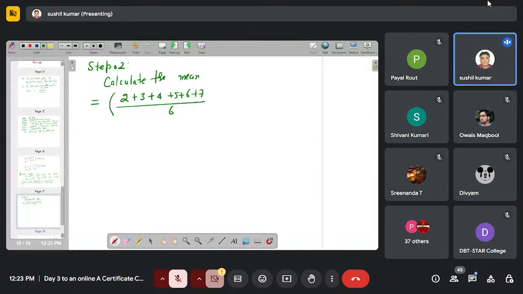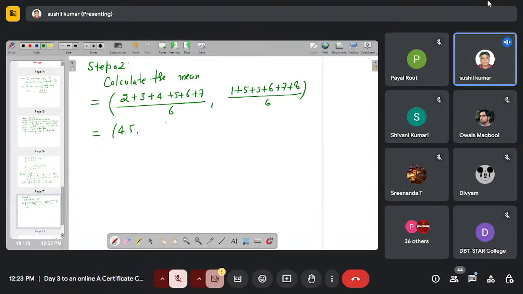And for the second class, 1 plus 5 plus 3 plus 6 plus 7 plus 8 divided by 6. So 2 plus 3 is 5, 9, 14, 27 by 6, and it will give you 4.5 almost.